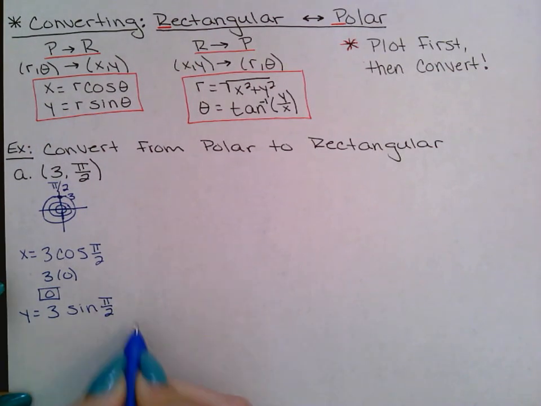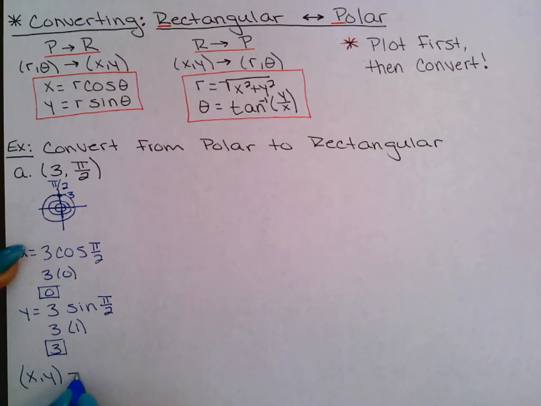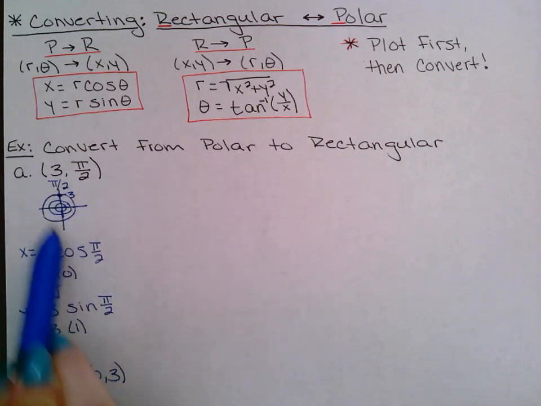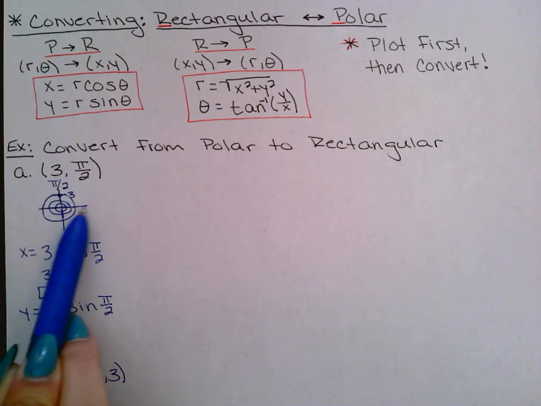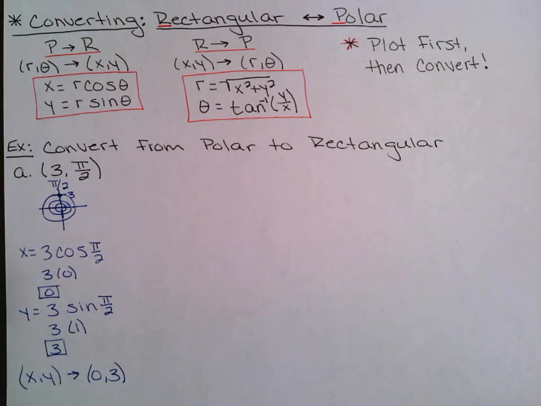So sine of pi over 2 is 1. So that's going to leave me with 3 times 1, which just gives me 3. So my x comma y here is 0 comma 3, which if I look at the image that I had drawn, the fact that if, let's say I'd put an XY grid right on top of this, the fact that I didn't move on my x's and I went 3 up, that should match up with what you drew.